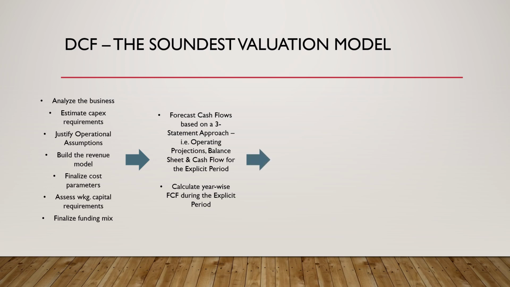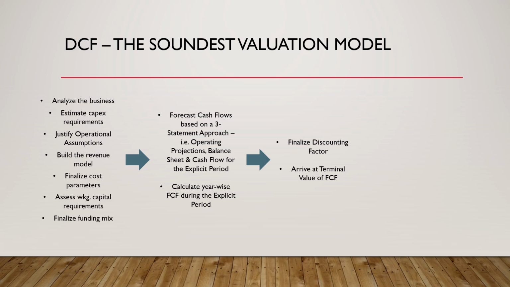Once our three-statement model is ready, we need to arrive at the discounting factor for use in our NPV calculations. The discounting factor is nothing but the cost of capital at today's date. We will discuss the calculation of the discounting factor in part 3 of this session when we deal with the mathematical aspects of the DCF methodology.